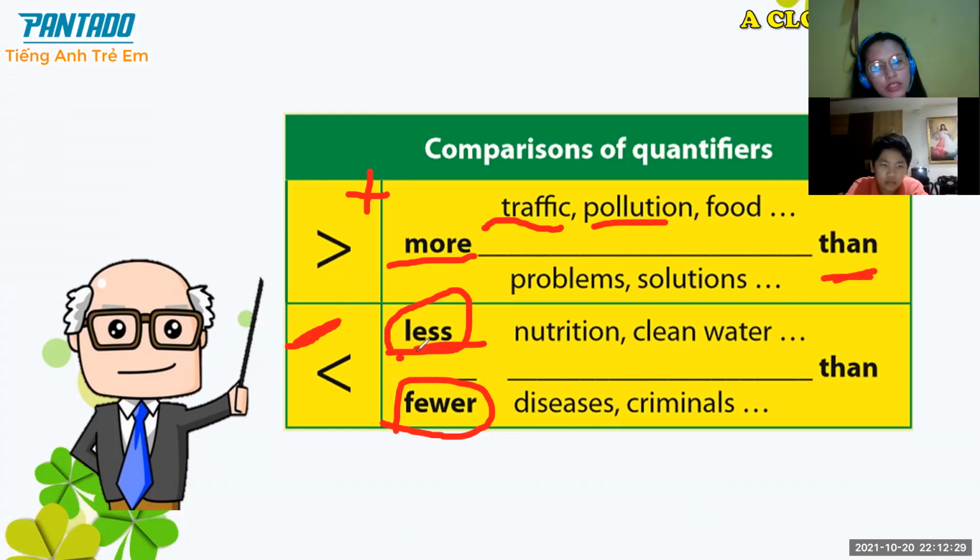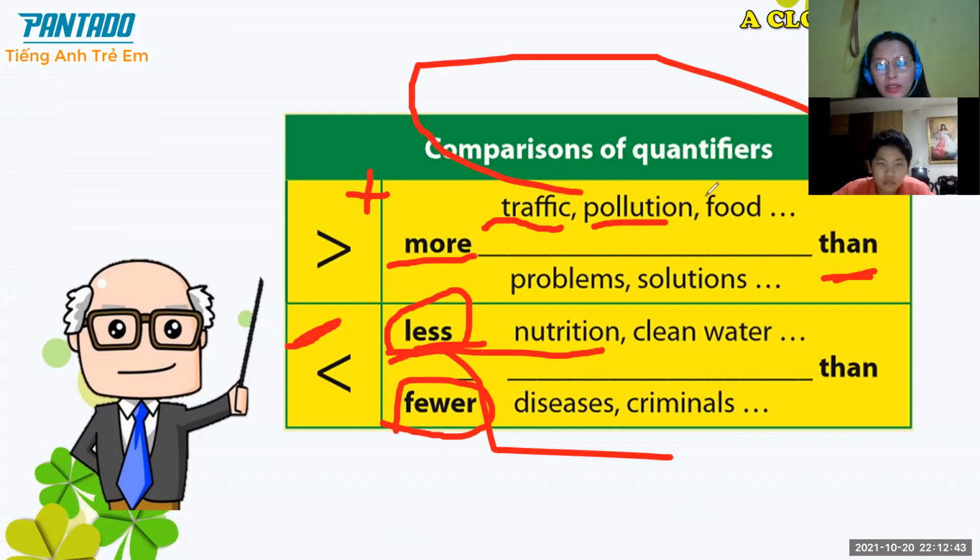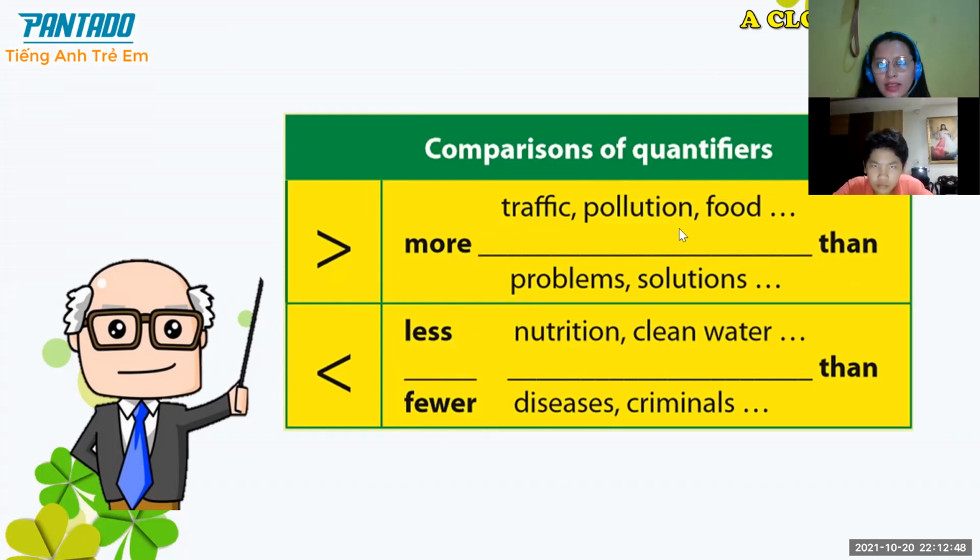So less nutrition, less diseases. You're comparing also, but it is less, decreasing. Those are the quantifiers here. Do you understand that?